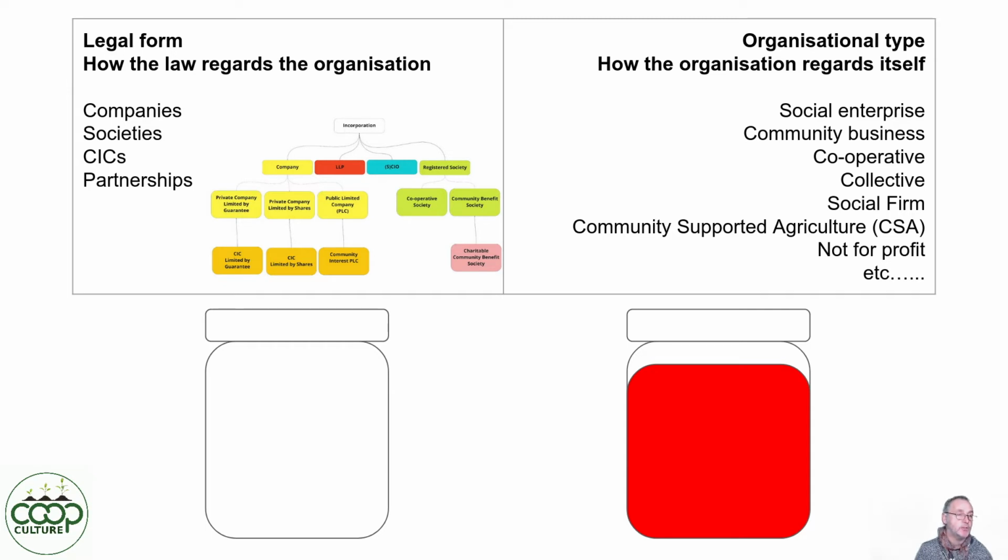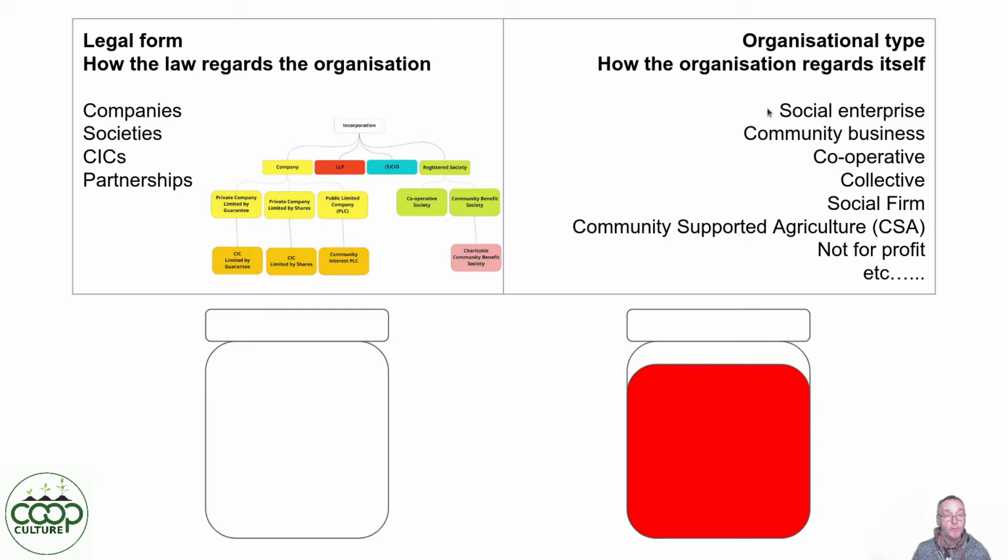They're vehicles that they need to use. The things that they're really interested in, the things they get passionate about, come under the category of organisational type. So that's how the organisation regards itself. Now the two things have a relationship, but you can create two separate lists of legal forms and organisational type.